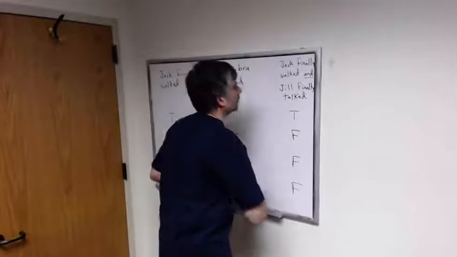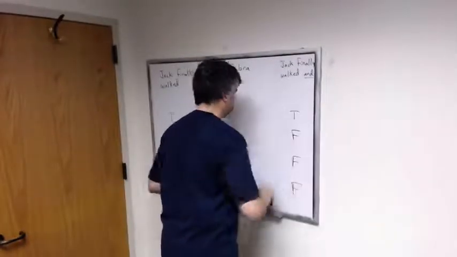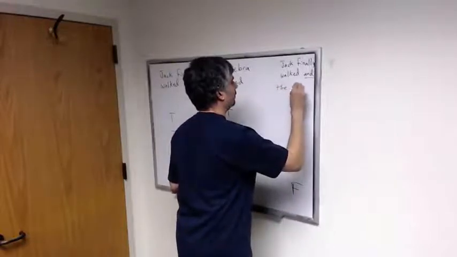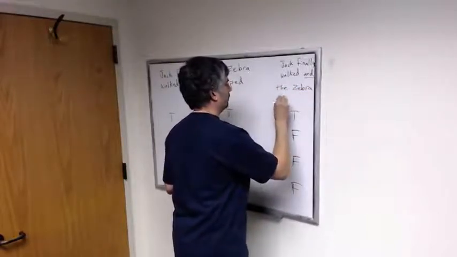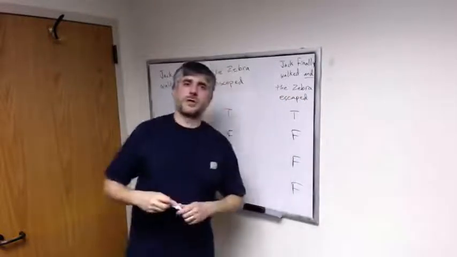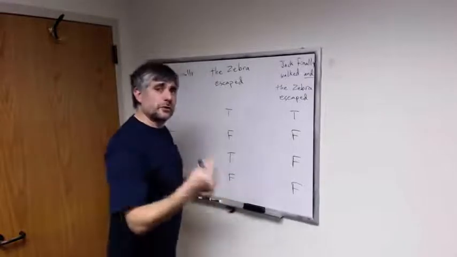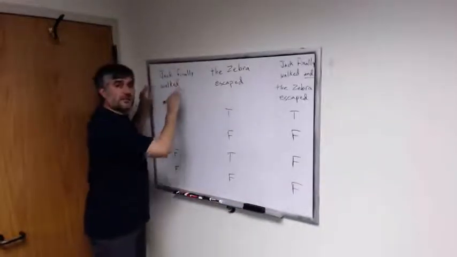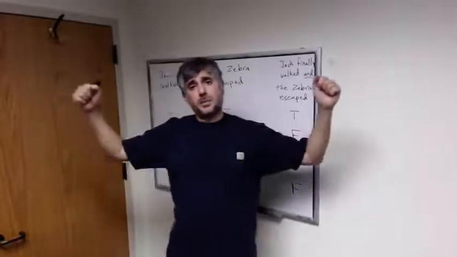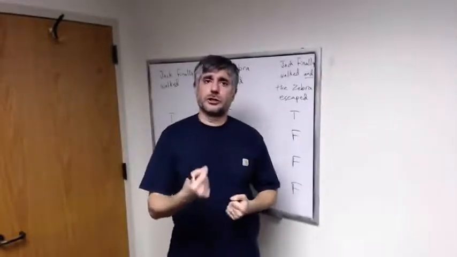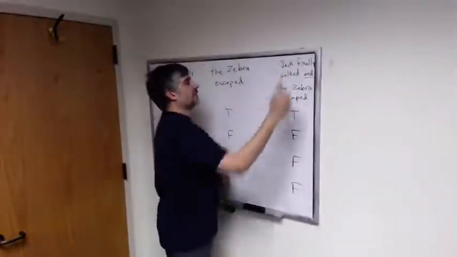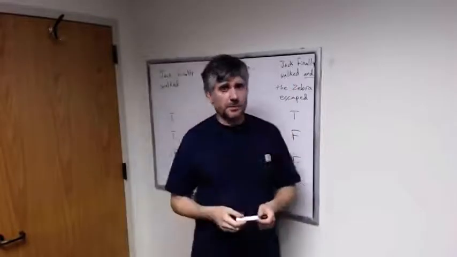Notice what we have here. We take two propositions, the proposition Jack finally walked and the proposition the zebra escaped, and we put them together with the truth functional connective and to create a resultant proposition Jack finally walked and the zebra escaped.